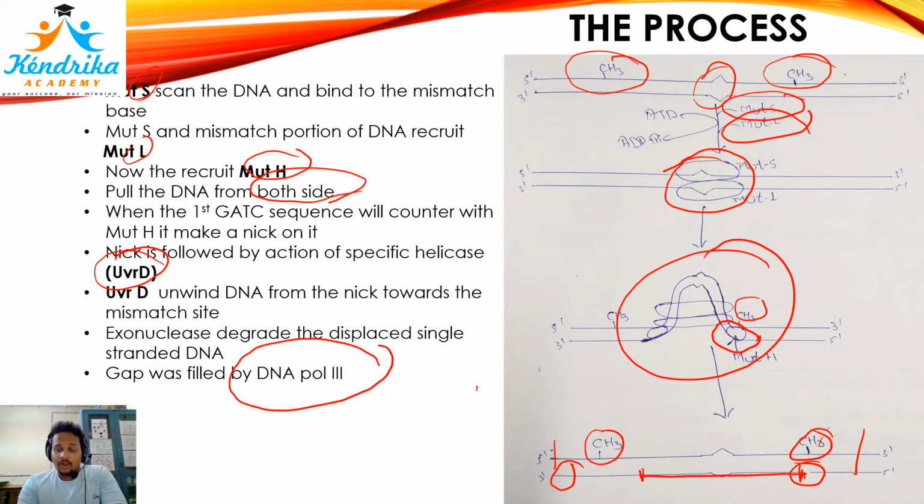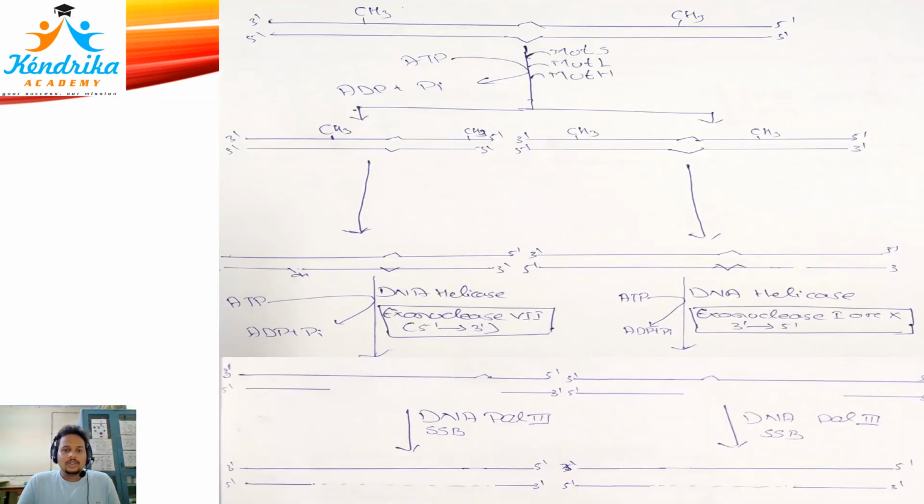Different exonucleases have different activity. Some exonucleases can cut from 3' to 5' direction, some from 5' to 3' direction. So we have to choose like that. How this happens, we'll see now. As you see here, your mut-L complex and mut-S complex have already cut the DNA. After the cut, here you can see there is a cut on your 5' side, and here they cut on your 3' side.